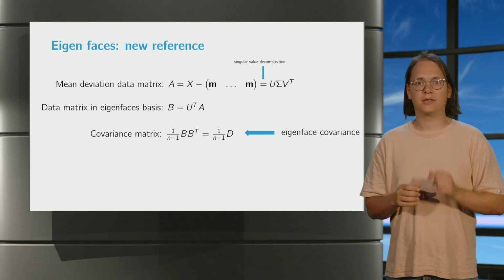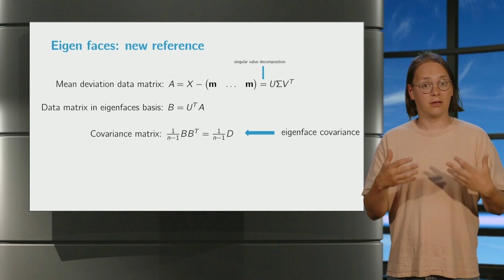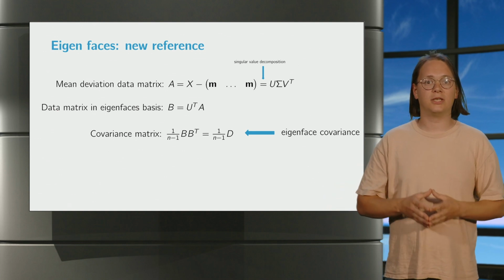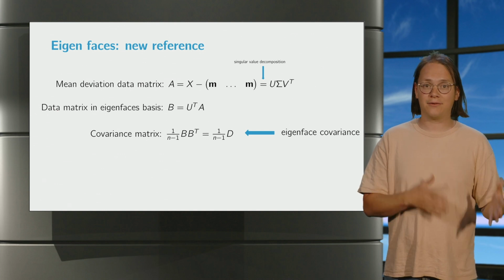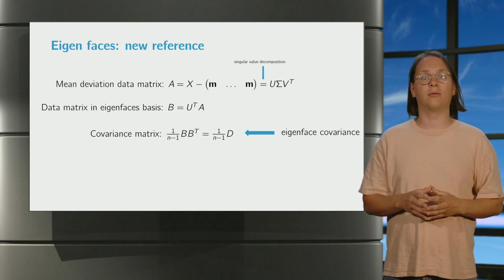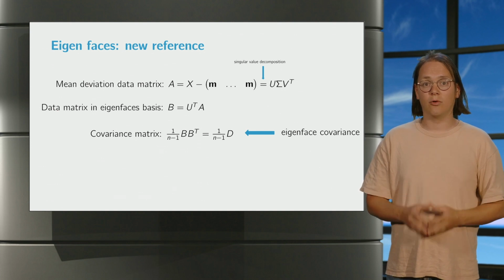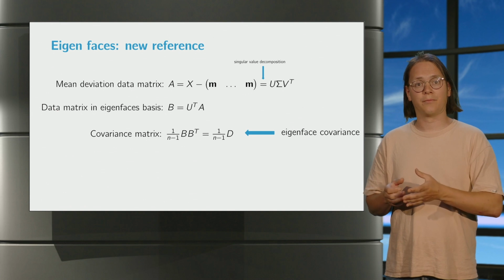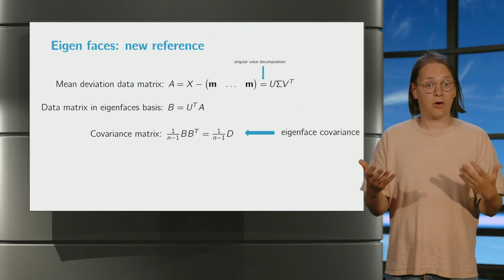For this reason, we apply principal component analysis, in other words, the singular value decomposition, to change bases to the matrix B, which equals U transpose times A, where U is the matrix of left singular vectors in the singular value decomposition of A. The covariance matrix for B will be diagonal, and the diagonal entries will be in decreasing order. Note that the new basis of vectors can be viewed as pictures in their own right.